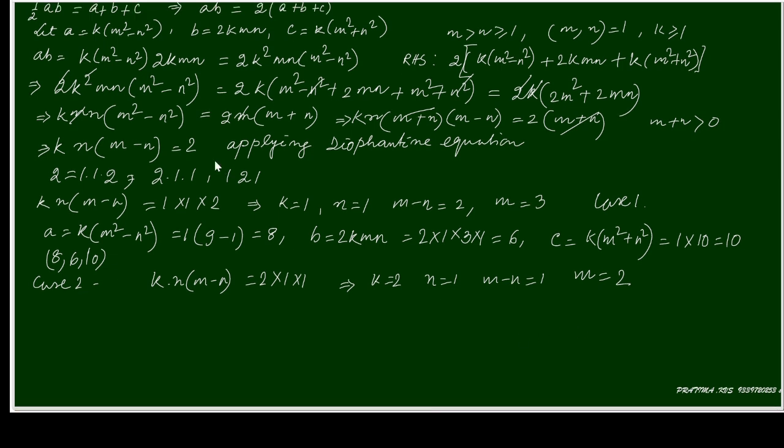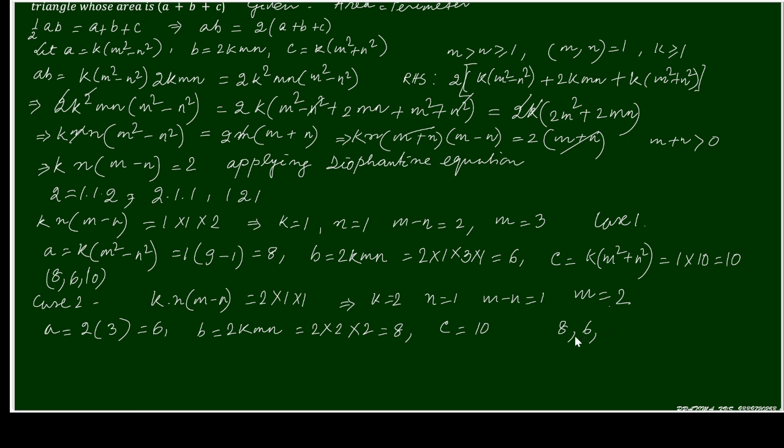So that time A equals K, which is 2, into M square minus N square, 4 minus 1, that will be 3. So 6. B equals 2KMN. So 2 into 2 into M is 2, N is 1, equals 8, and C is equal to 10. So we are getting the same triple, 8, 6, 10, or 6, 8, 10.